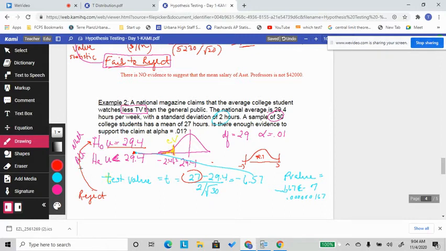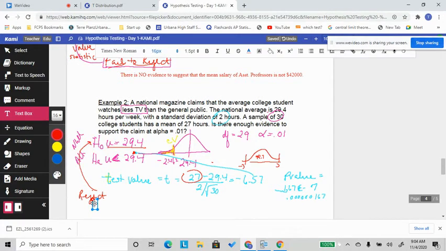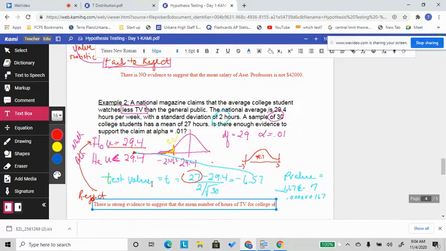Okay, let's make a little text box and type. I'm going to say there is strong evidence. Why strong? Because we're landing so far down here. Evidence to suggest that the mean number of hours of TV for college students is not 29.4.